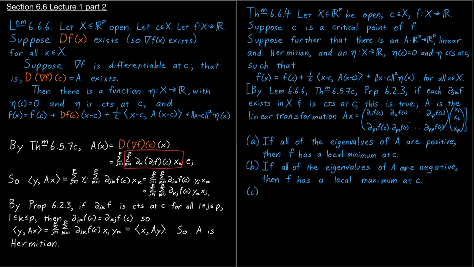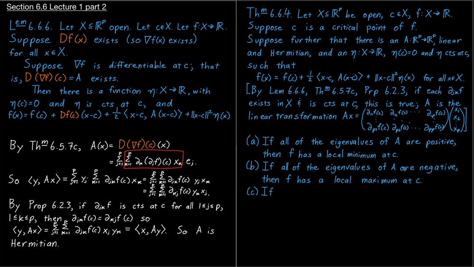And there's actually a third possibility where we have information. In the one-dimensional case, either your second derivative was positive or your second derivative was negative, and if your second derivative is 0, you didn't have any information.